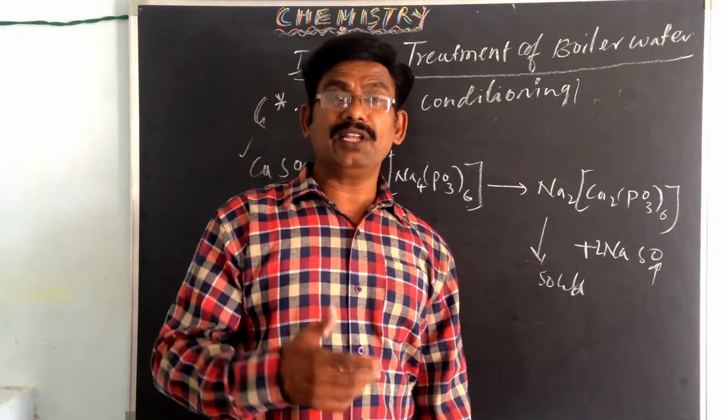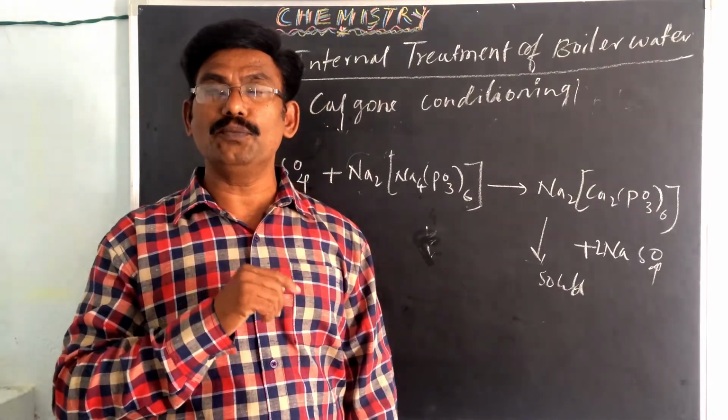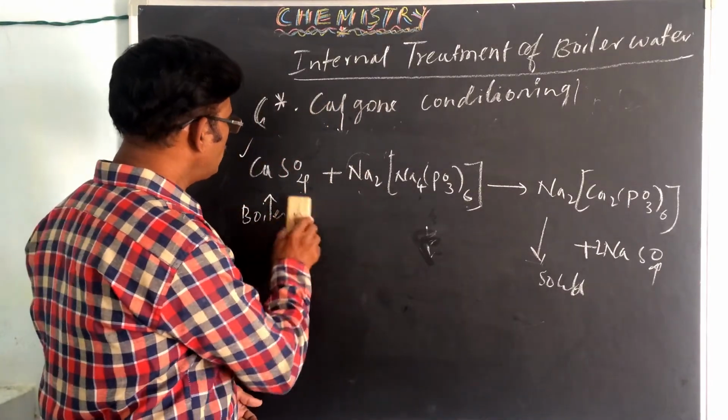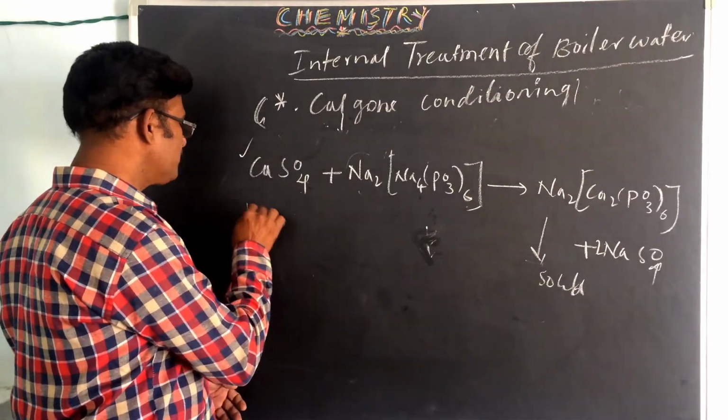At high temperature, the sodium phosphate, NaPO3, is converted into Na2P2O7.